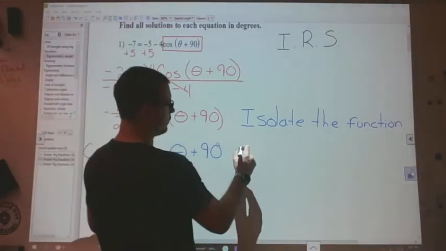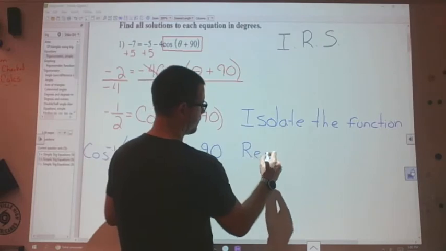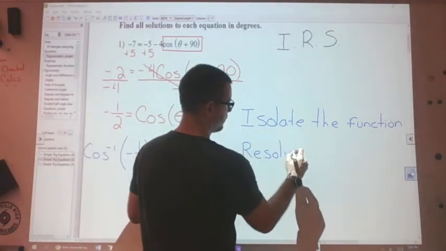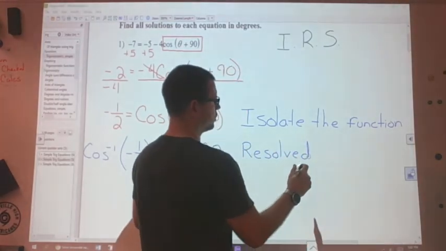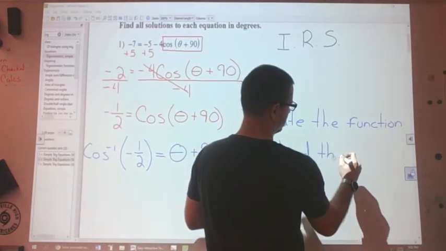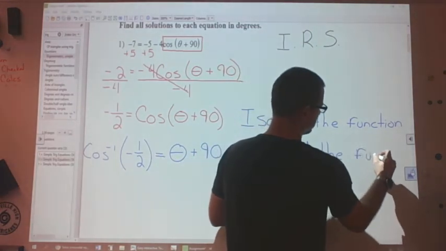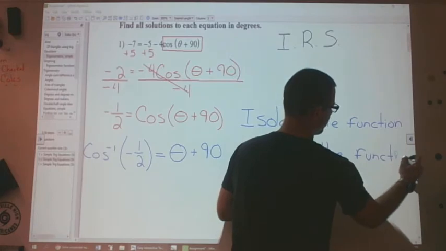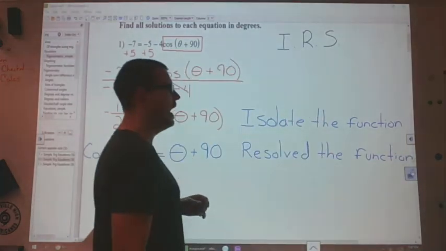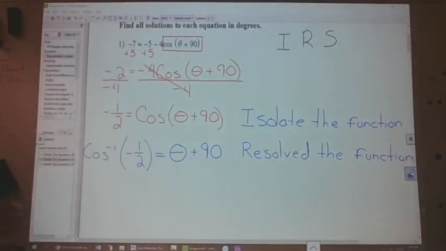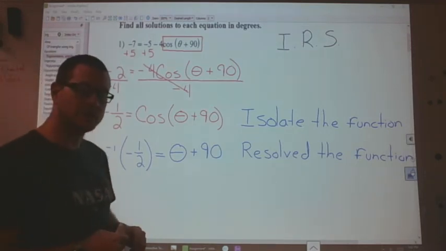But we have resolved the function using its inverse. And now we would do the S, which is solve whatever's left over.